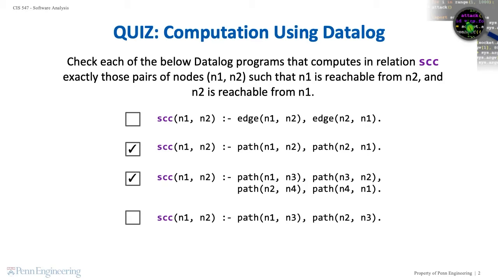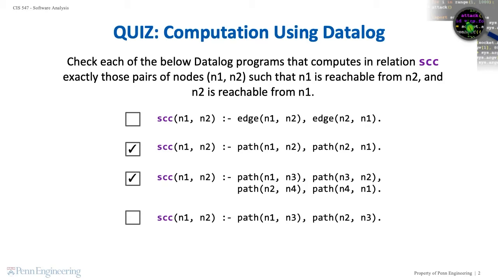While the first rule will not produce any incorrect tuples in relation SCC, it will fail to produce SCC n1, n2 for any two nodes that are reachable from each other but which are not adjacent to each other. Finally, the last rule could potentially produce incorrect tuples.